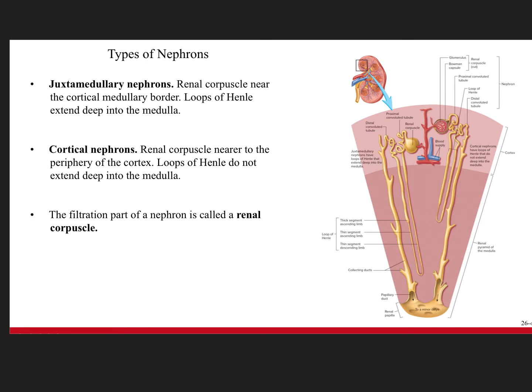Exactly. And then to the papillary duct to the minor calyx. Yep. Okay. To the major calyx, to the renal pelvis, and then the ureter, to the urinary bladder, and out the urethra. Excellent. Excellent job.